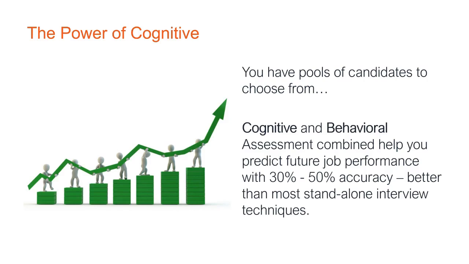So much so that when you're selecting between several candidates, understanding a combination of cognitive capability and behavioral fit helps you predict future job performance with 30 to 50% more accuracy. That is better than most standalone interview techniques.